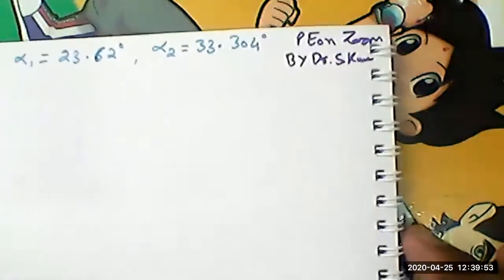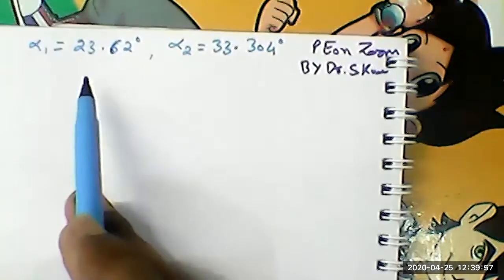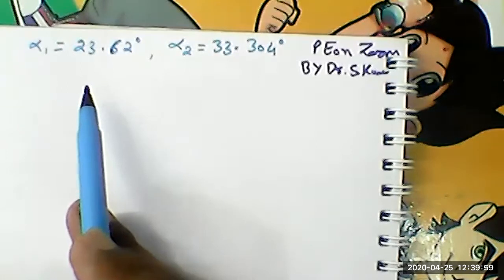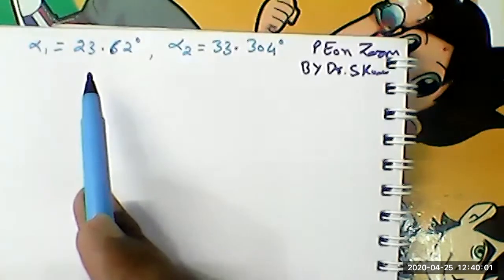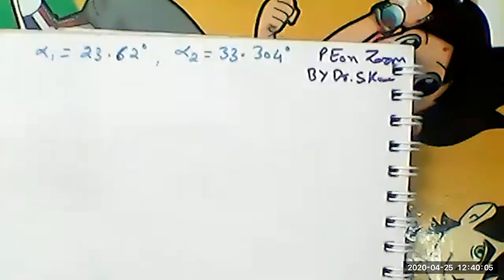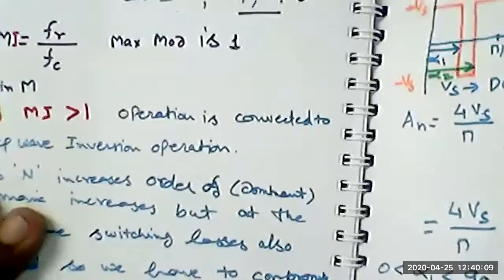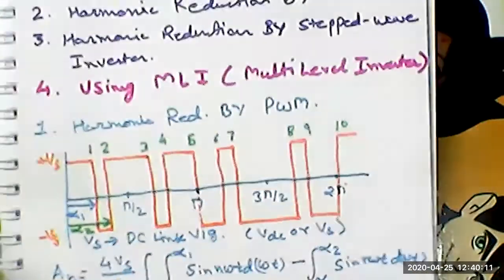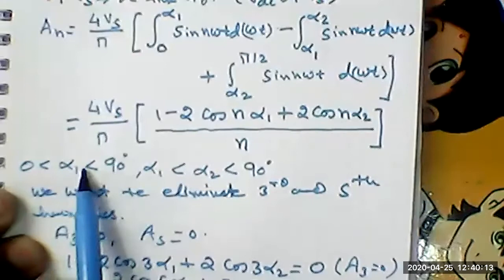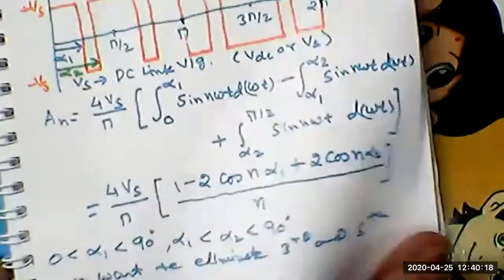You will get these two values keeping in mind that alpha 1 must lie between 0 to pi by 2, and alpha 2 must lie between alpha 1 and pi by 2. Alpha 1 must lie between 0 and 90, and alpha 2 must lie between alpha 1 and pi by 2. Keeping this in mind, you will get these values.